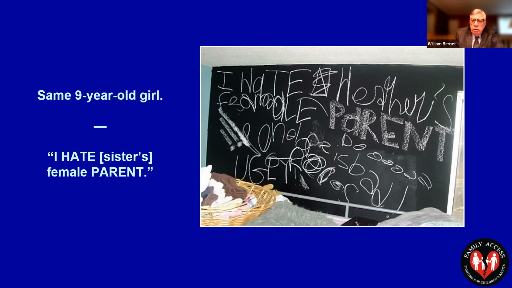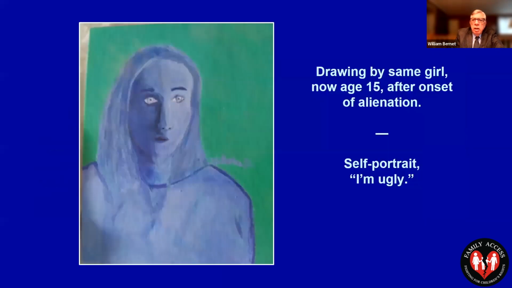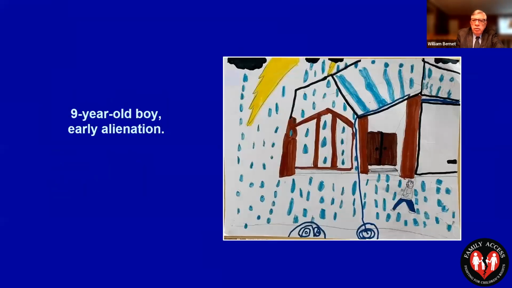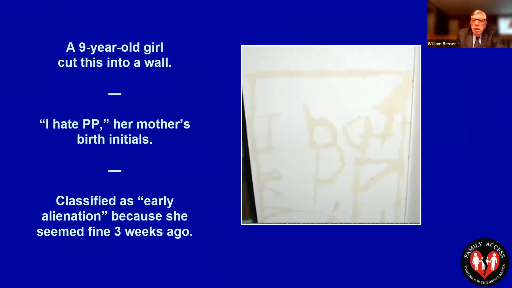So anyway, these things that I've shown you here, in my mind, I'm classifying as mild. You know, we can go back real quick. We had this girl who draws a picture of herself, and she seems to have a bad opinion of herself. And then this little boy with the storm, and then this girl who only recently was fine, and now suddenly she's saying she hates her parent.